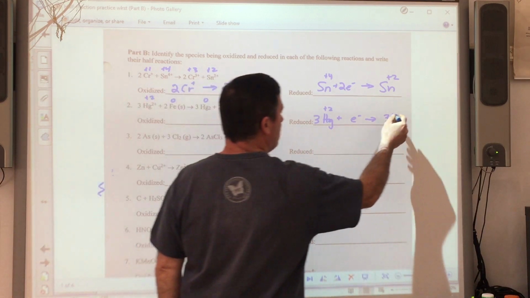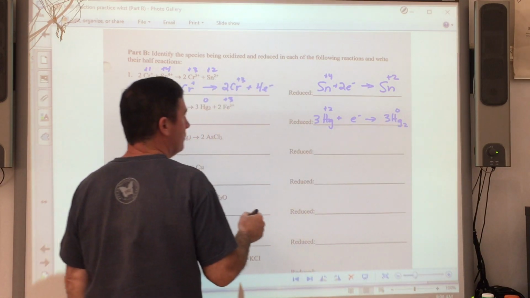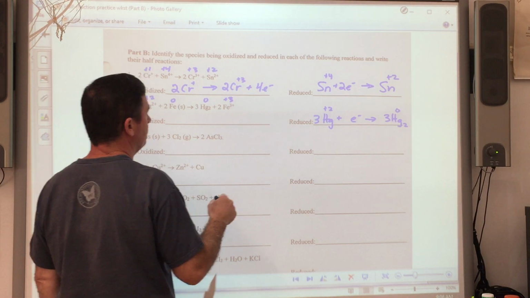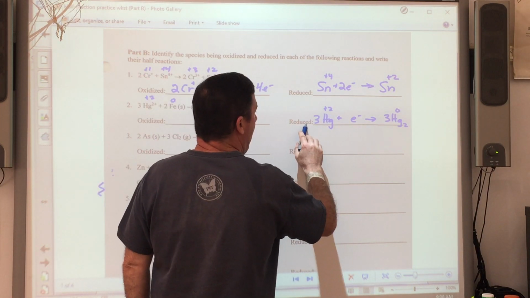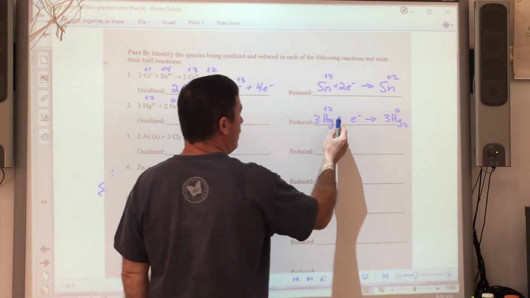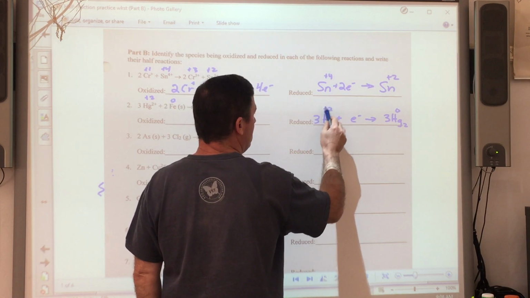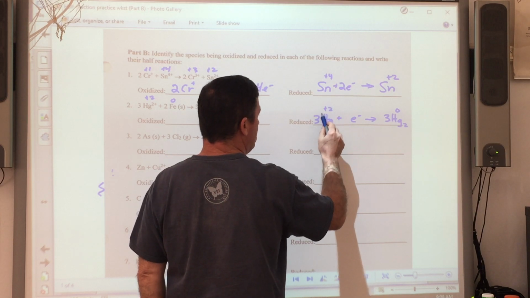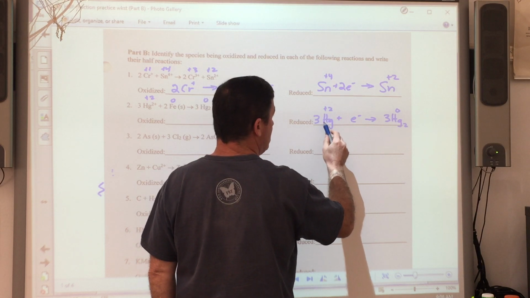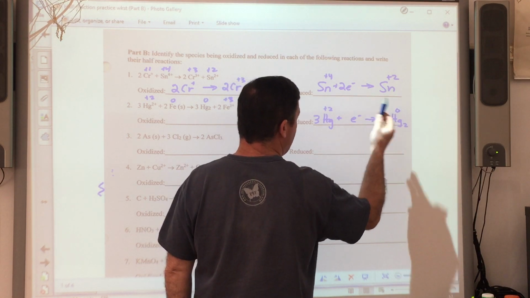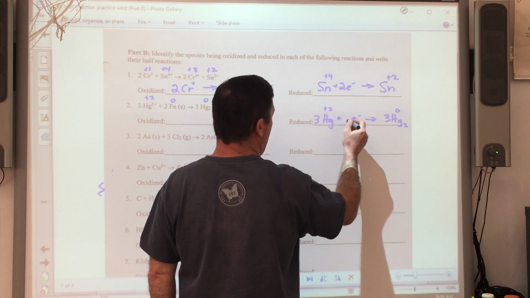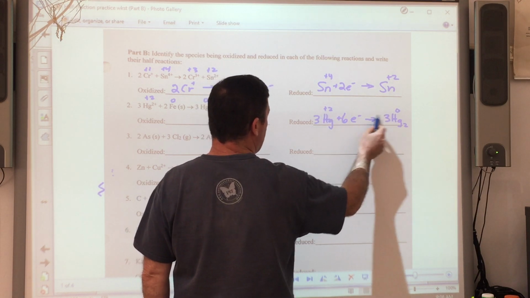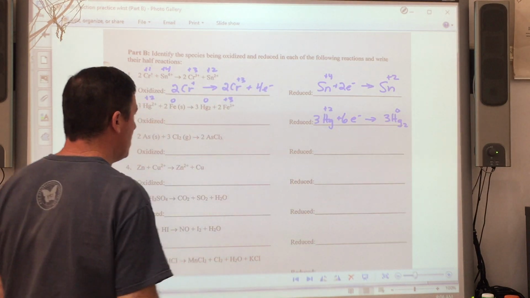And this is going to be a 0. Okay? So, how many charges do I have over here? I've got 3 Hg2 pluses. +2 times 3 is +6. And over here, I've got 0. So, I need to add 6 electrons. 6 negatives, 6 positives equals a 0. So there's my reduced side.